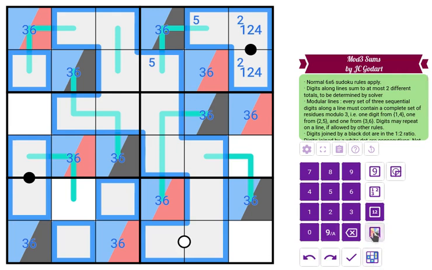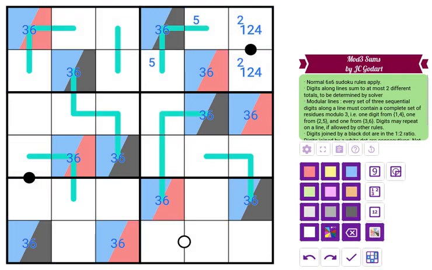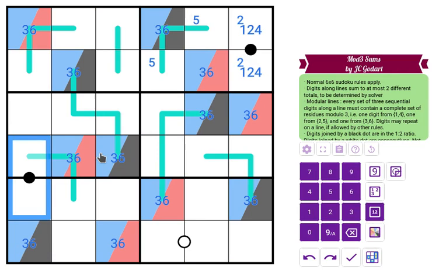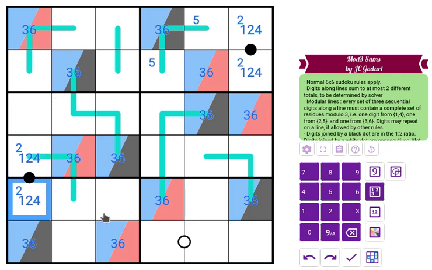We can get rid of this gray color. So no, this is not a 3 6, so it's also 1 2 or 2 4, always contain a 2. And so here, this is one modularity because of the black dot will be 1.